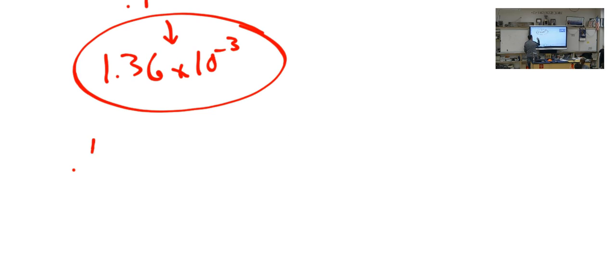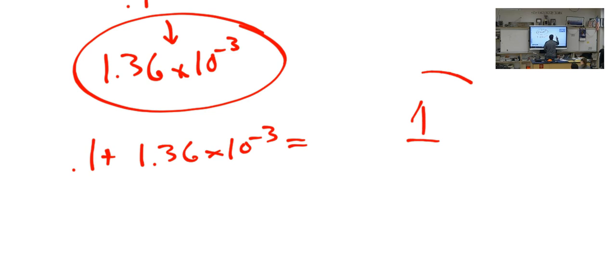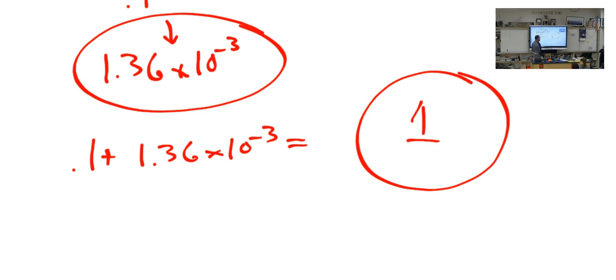We now take 0.1 and add that, right? And then you get that number, and then you take the negative log of it, and you're pretty much going to end up with a pH equal to 1. So you add this, you get 0.10136.